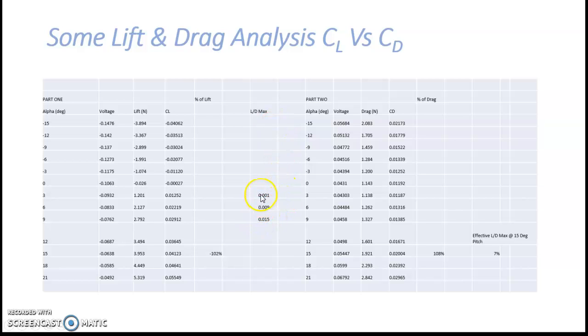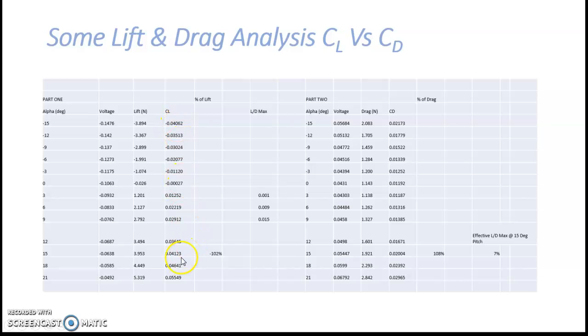As I said earlier, at 3 degrees of pitch, the LD max is 0.001. At 9 degrees it is 0.015. At 6 it is 0.09. So you can see at the 9-degree mark this is it. What I did was subtract, in percentage, 15 degrees of pitch positive from 15 degrees of pitch negative.